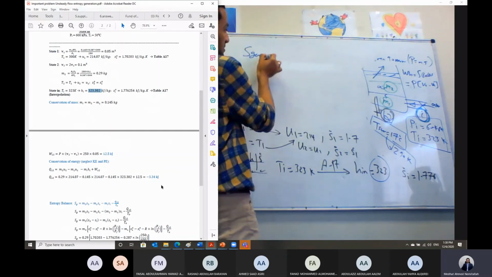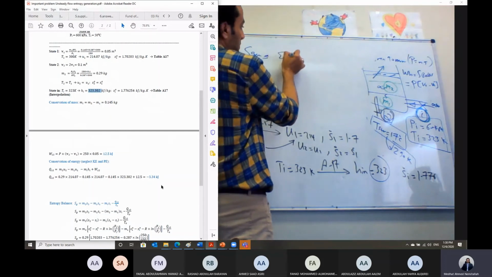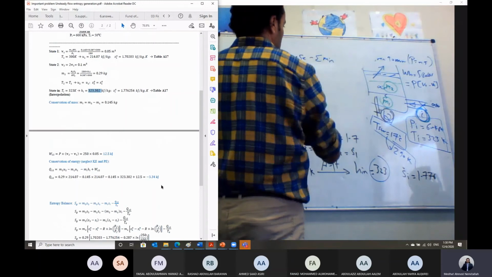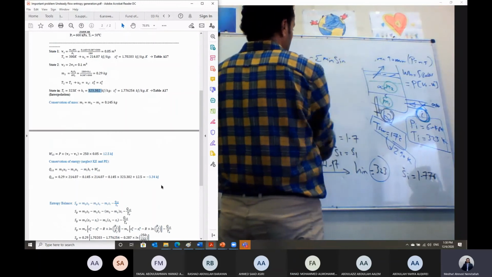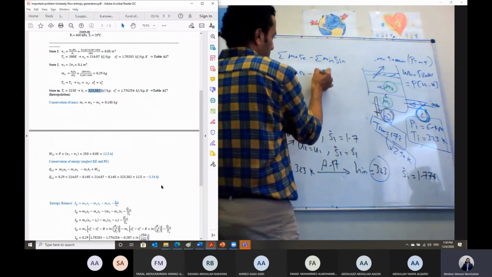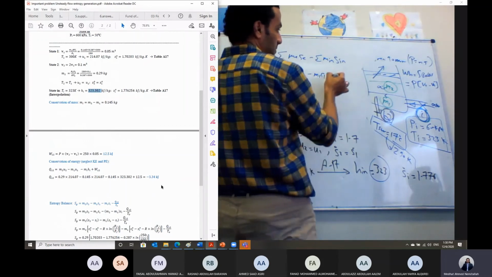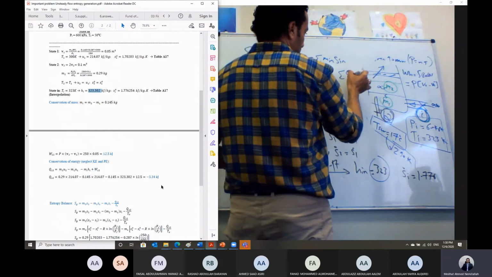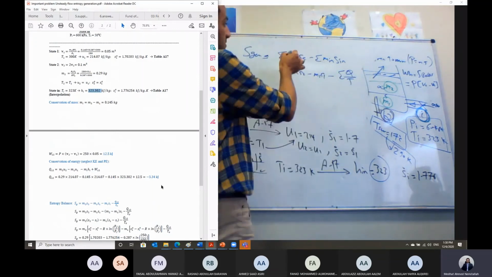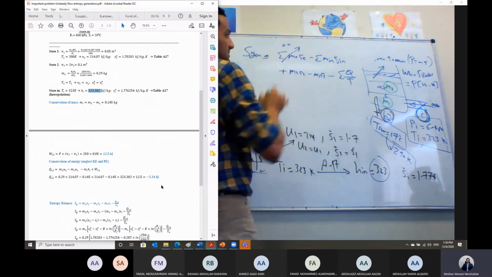So the entropy generation for unsteady flow will equal summation of m exit s exit minus summation of m inlet multiplied by s inlet plus m2 s2 minus m1 s1 minus summation of Q divided by T. In this case, we don't have flow out, so mass exit is 0.